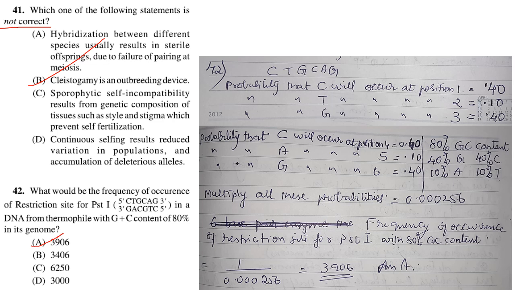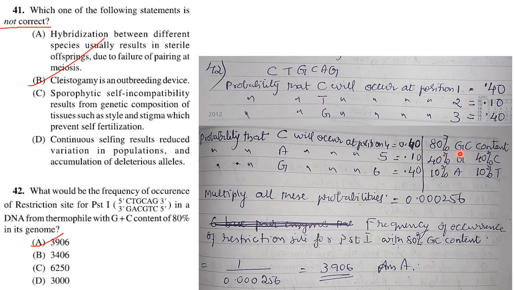Then next one. What would be the frequency of occurrence of the restriction site for PstI in a DNA from thermophile with G plus C content of 80% in its genome? So CTGCAG, just like how we did the previous one, we have to do here. But the only difference is they have told there is 80% in its GC content.